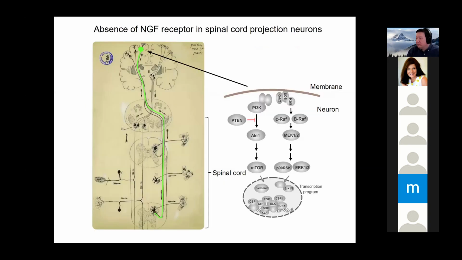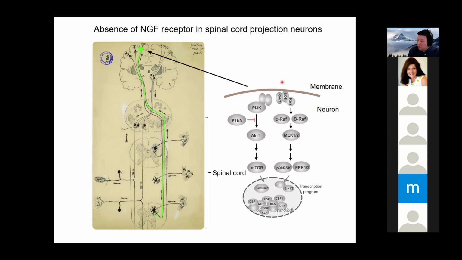The answer is simple: the majority of neurons in the central nervous system, including all those whose axons run into the spinal cord, do not express this NGF receptor and therefore cannot respond to NGF stimuli with axon growth.